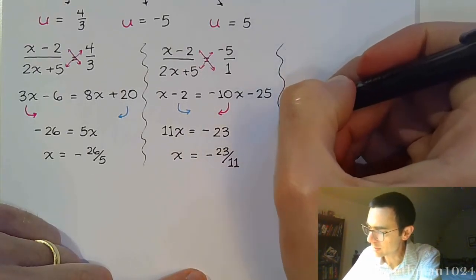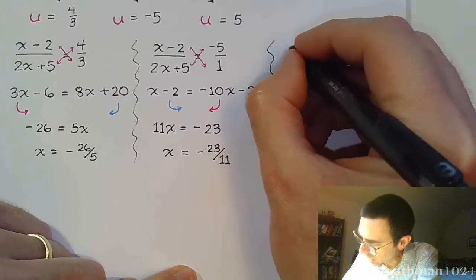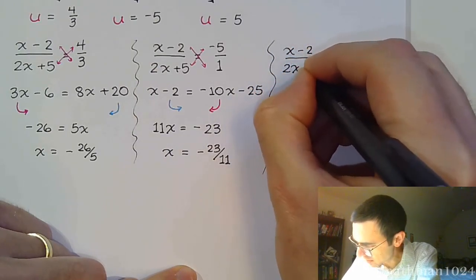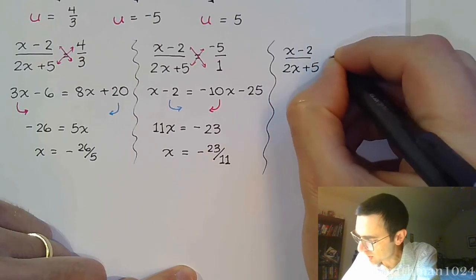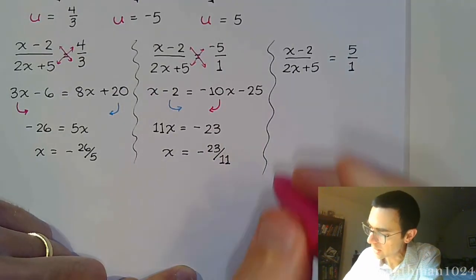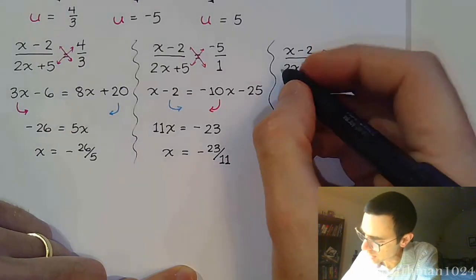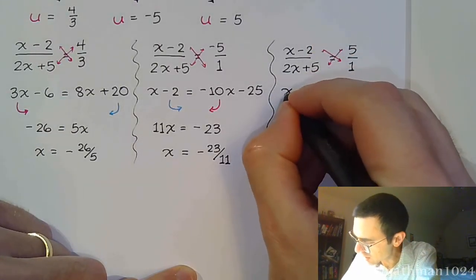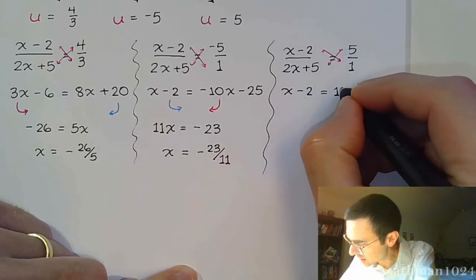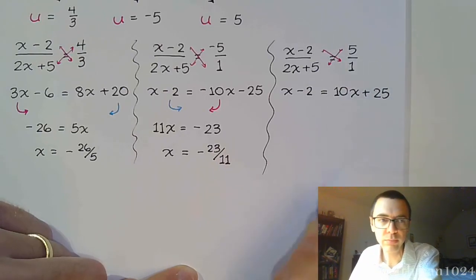And then, finally, we take u equals 5. So x minus 2 over 2x plus 5 equals 5 over 1. Let's set those cross products equal yet again. So 1 times x minus 2 is still x minus 2. Positive 5 times 2x plus 5 is 10x plus 25.